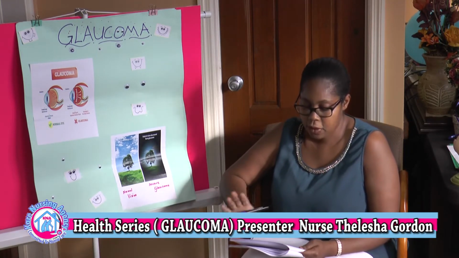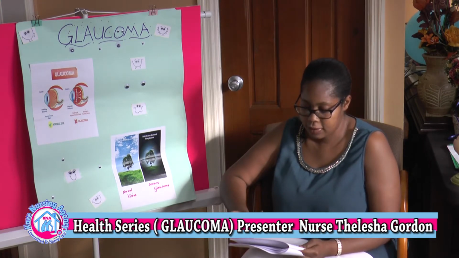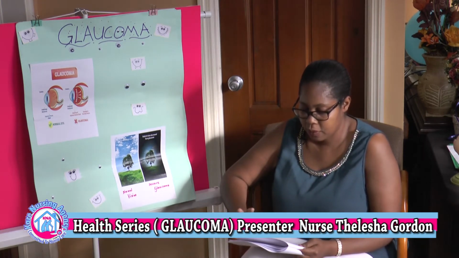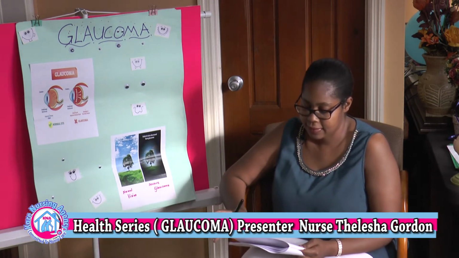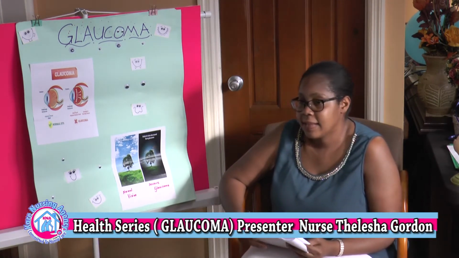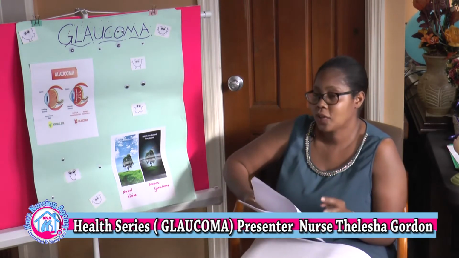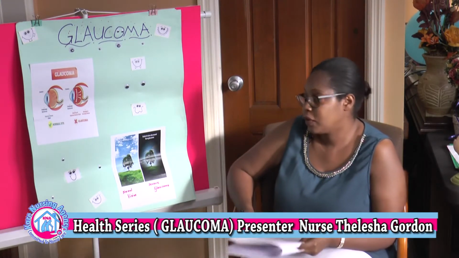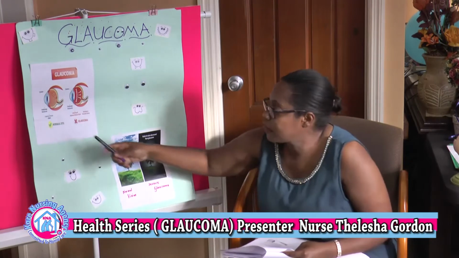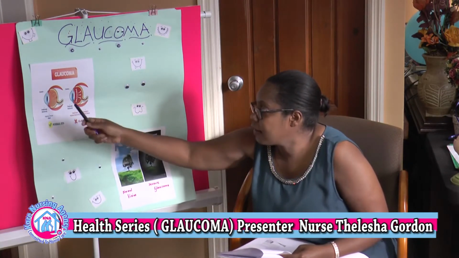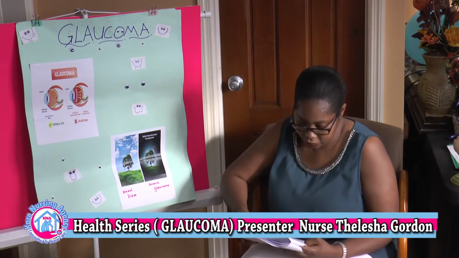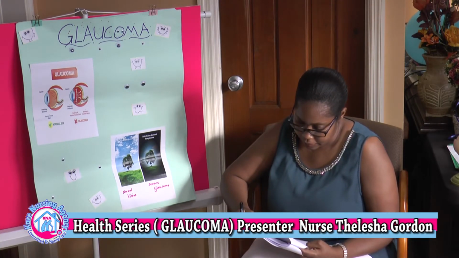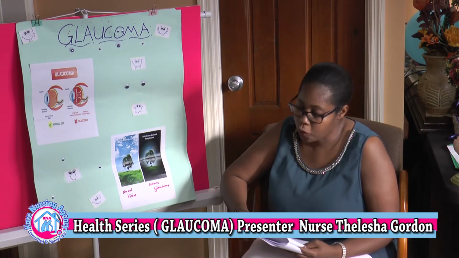Now, secondary glaucoma is caused by the blockage of the aqueous outflow system due to other eye diseases. So any other eye disease that causes damage to the meshwork, to the outflow, or to the production of the aqueous humor causes damage to the optic nerve by the increase in pressure. You have neovascular glaucoma.